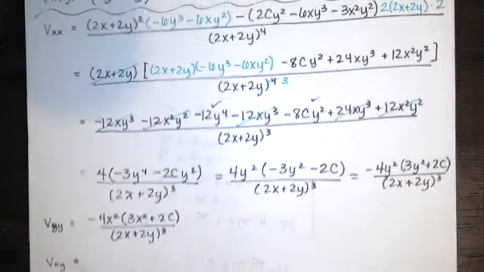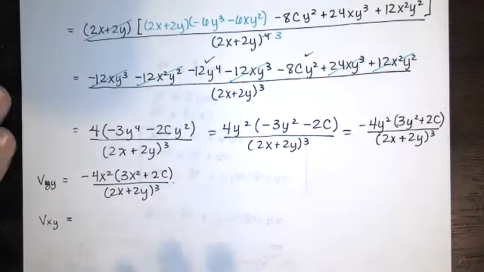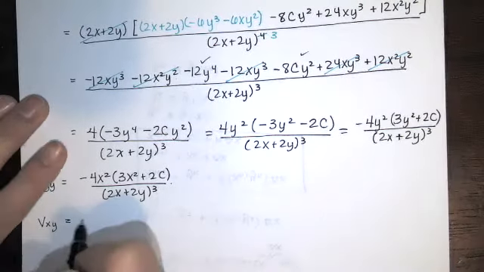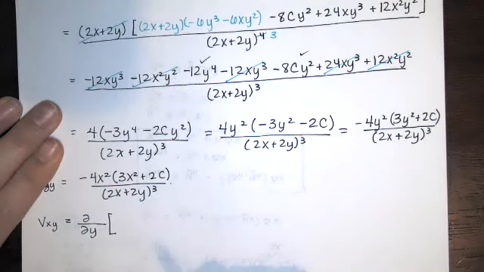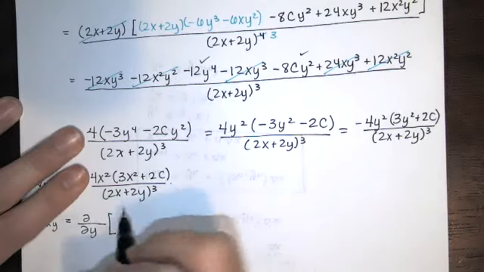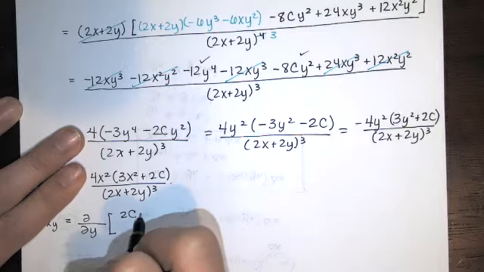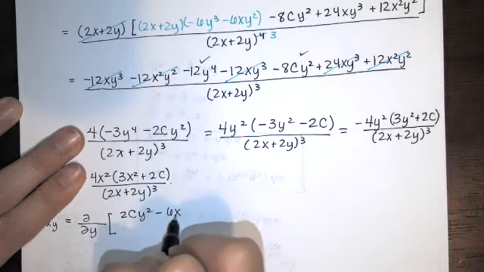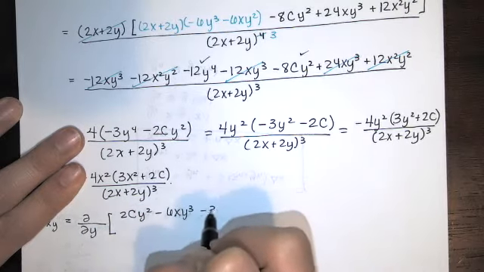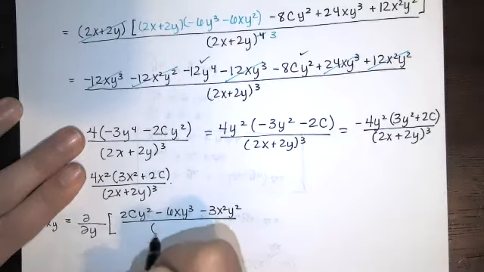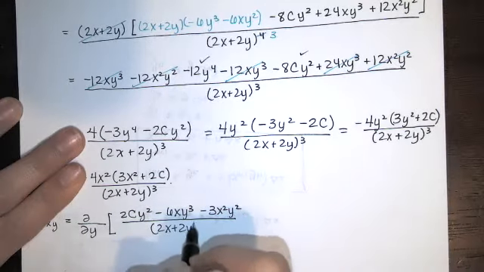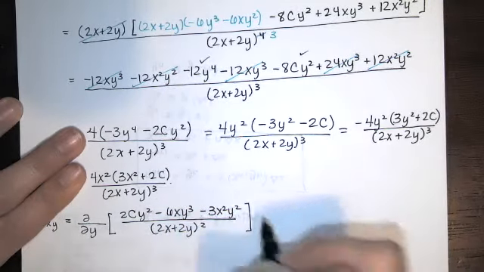Now I need to find the second partial of v with respect to x and then y. So I'm going to take the partial with respect to y of the partial of v with respect to x, which was 2c y squared minus 6xy cubed minus 3x squared y squared all over the quantity 2x plus 2y squared.